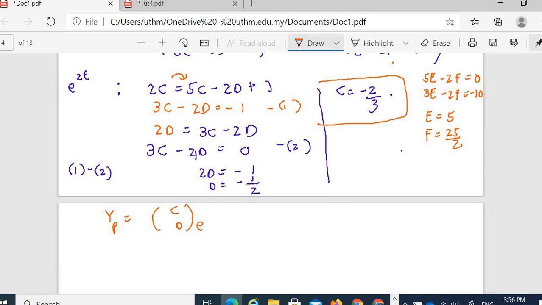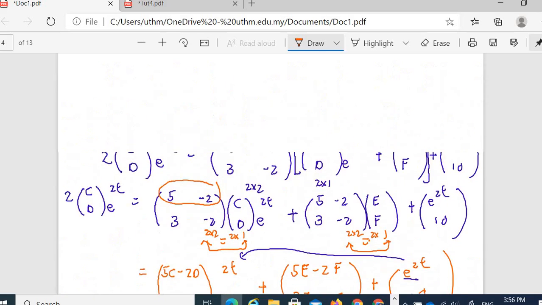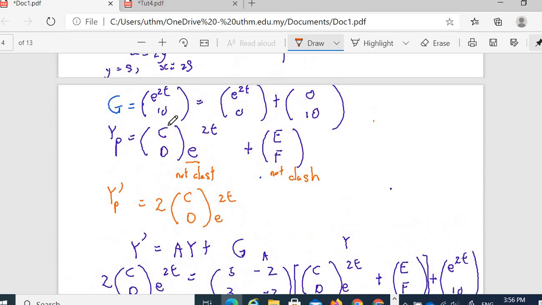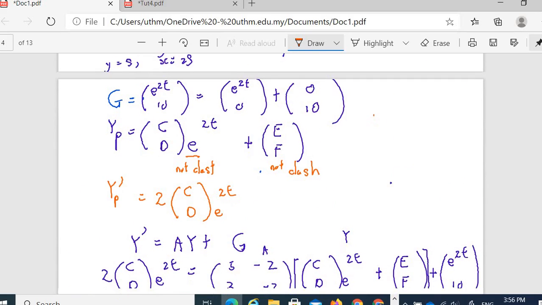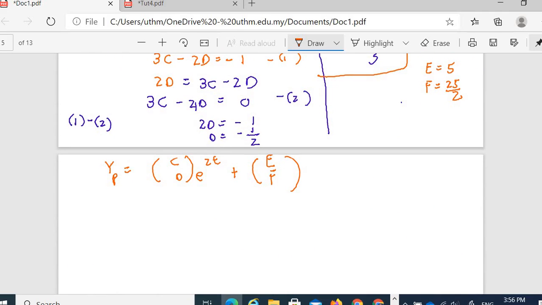C, D exponent 2t plus E, F. So plug in the C, D values: C is negative 2/3, D is negative half, exponent 2t. Plug in E is 5, F is 25 over 2. So this is the yp.